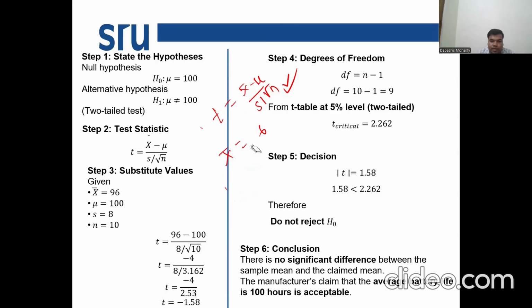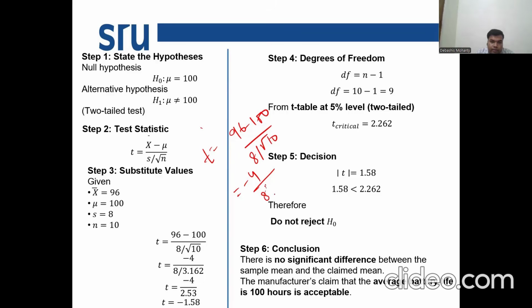Next, we have to calculate the t value. So how can we calculate the t value? Here, this t value is equal to 96 minus 100 divided by s, which is 8, divided by square root of 10. So that is minus 4 divided by 8 divided by 3.162.